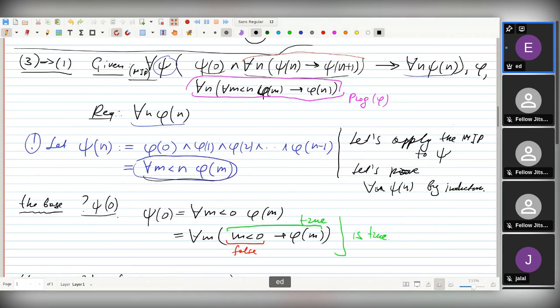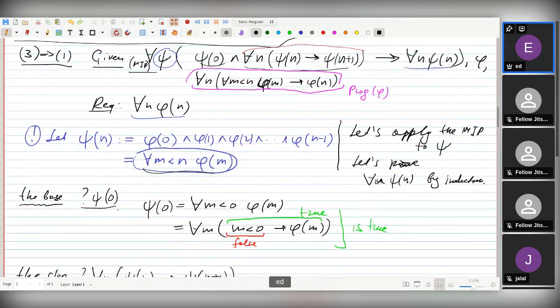Psi of n means phi of 0 and phi of 1 and phi of 2 and so on up to phi of n minus 1. So I have strengthened phi to psi and applied the weaker principle, our regular mathematical induction principle, to obtain the stronger principle, SIP, for a weaker statement for phi. Is this idea clear?